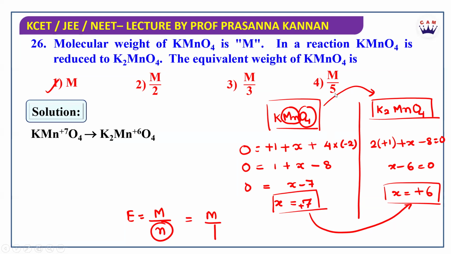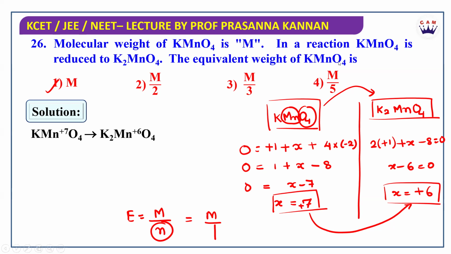Sir, in the reaction, here we have KMnO4, but then it is reduced to K2MnO4. So can't we take it as 1, sir? I mean, the potassium is getting reduced by 1, right? Potassium is neither oxidized nor reduced. Potassium's charge will remain +1. Why are we considering only manganese, sir?